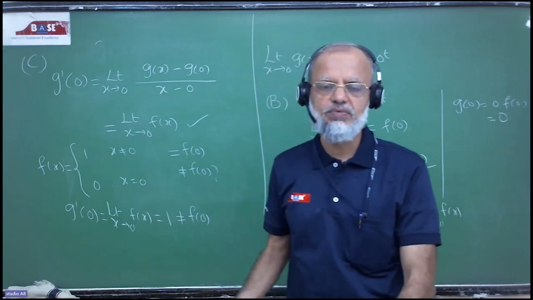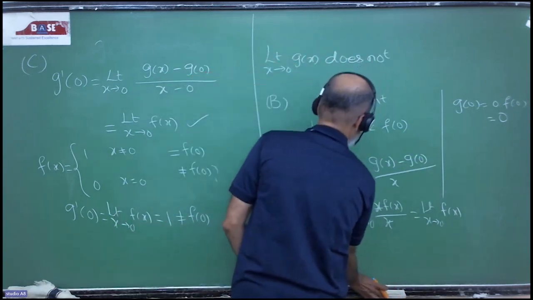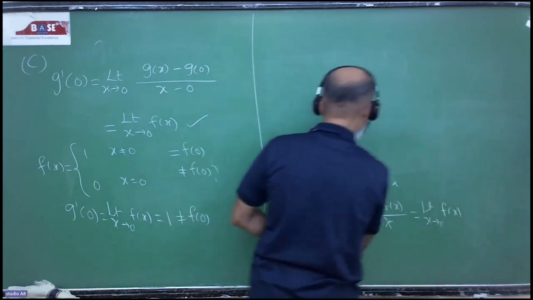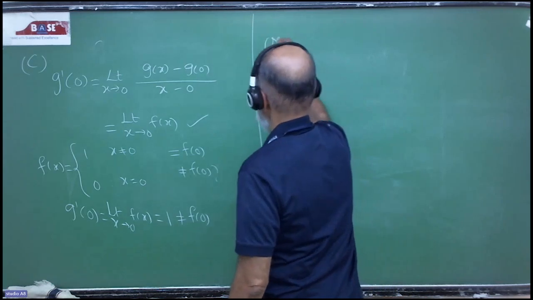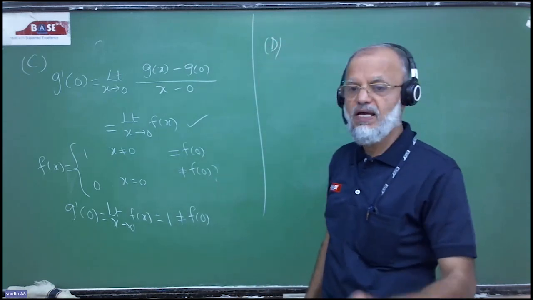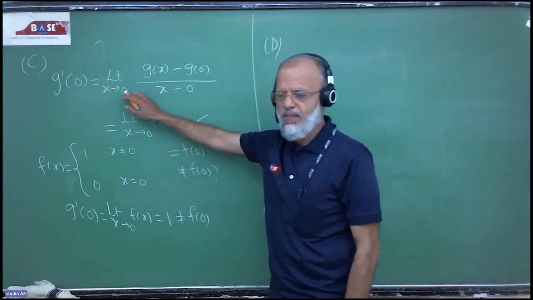Let us go to the next option. I will go for the D option. Let us see here. What is option D? Option D is like this: if g of x is differentiable, then the limit exists. From here only it is very clear.